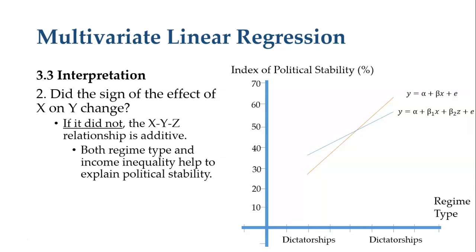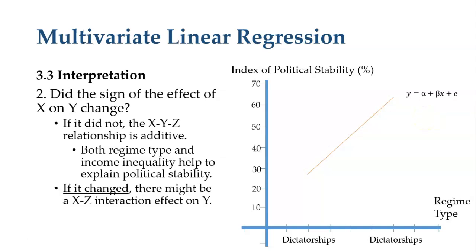So remember that the sign of the effect here is positive. And if the inclusion of C doesn't change the sign of the effect, probably we have an additive relationship, right? And both variables help us to explain why.